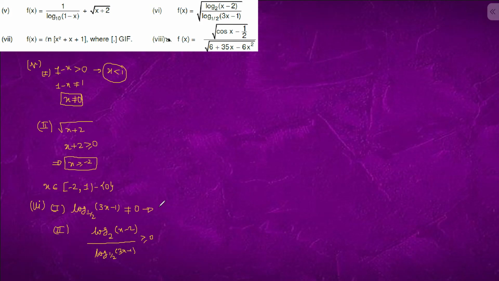From here we'll get x should not be 2 by 3 and x should be bigger than 1 by 3. This is what we got.